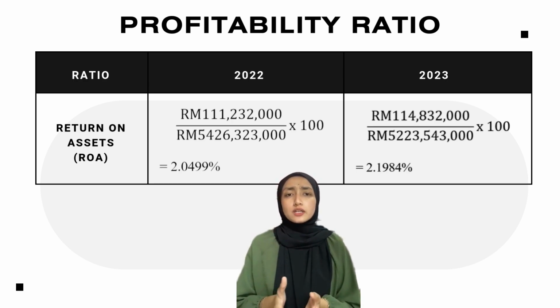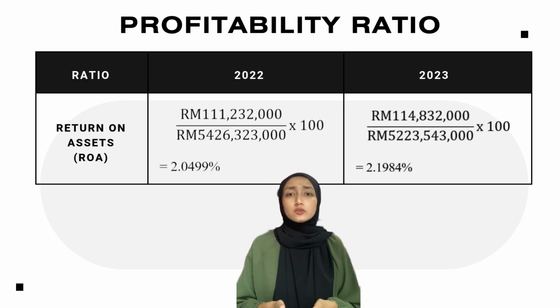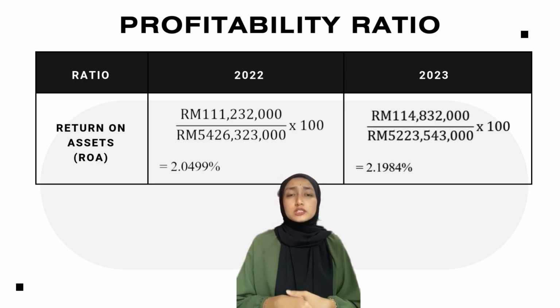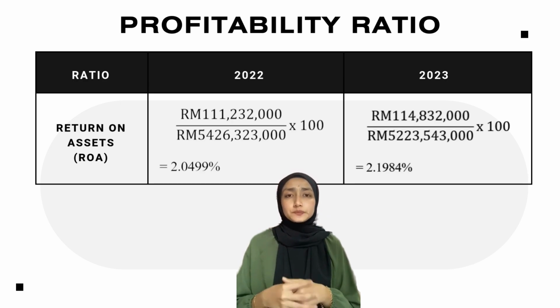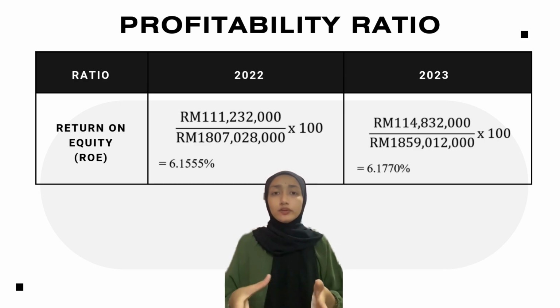However, while the growth is encouraging, there is still potential for Aeon to further optimize its asset management strategies to achieve even higher returns. Next, I will talk about return on equity, ROE, which measures how effectively a company generates profit from its shareholders' equity.